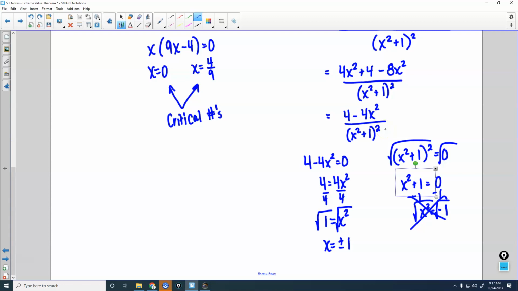So that means it also can never equal 0 for that. So it should make sense that we're not getting an answer for this. Now, if that was a minus 1, it would be possible for it to be 0, and we would get some answers there, and we would have more critical points. But here, we just have 2 critical points, which are our possible points for our maximum minimums.